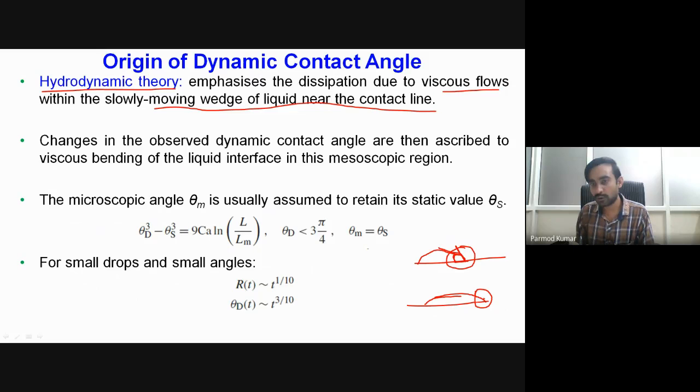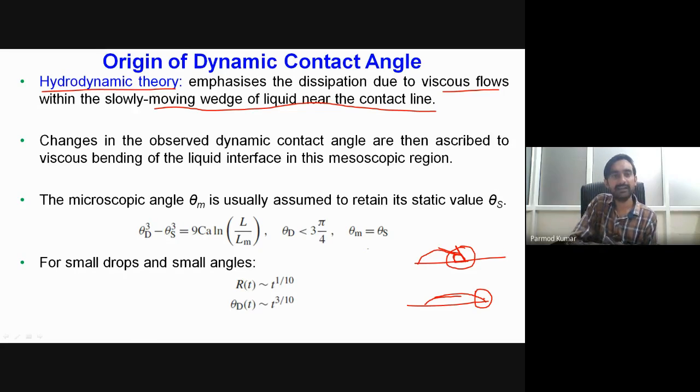While our contact line moves in the outward direction, in this wedge section the viscosity of the liquid will try to resist the motion of the contact line, and we will have dissipation in the rate of spreading. That changes the value of our contact line velocity, and if the contact line velocity is changing, ultimately the value of the dynamic contact angle will change.